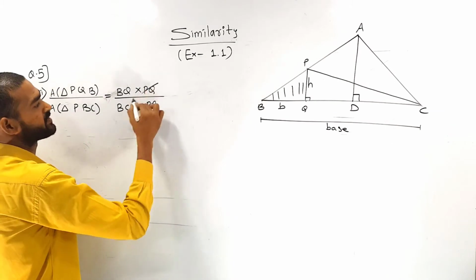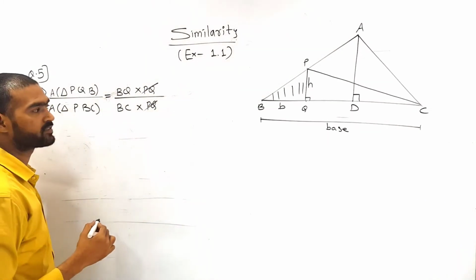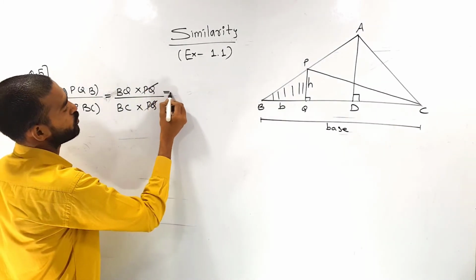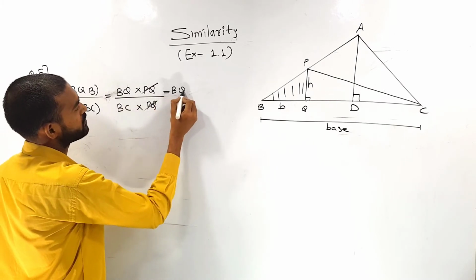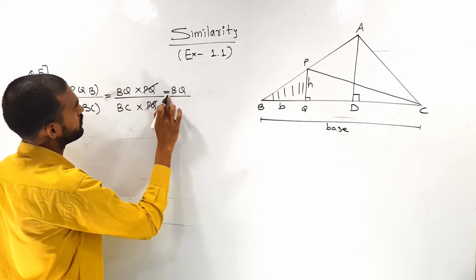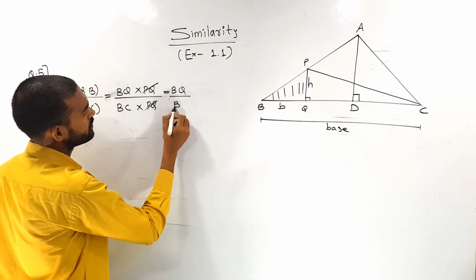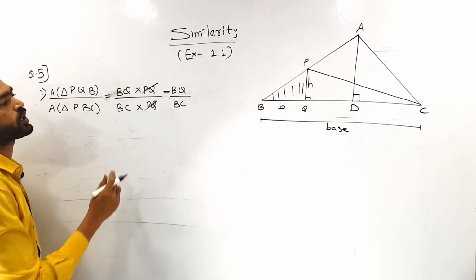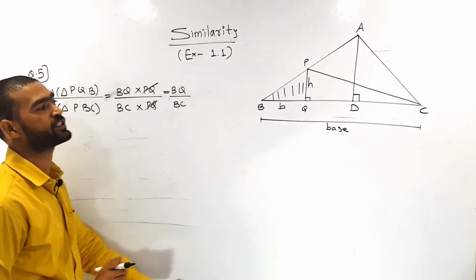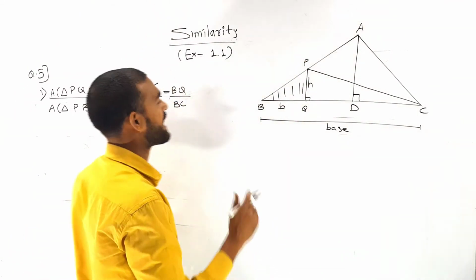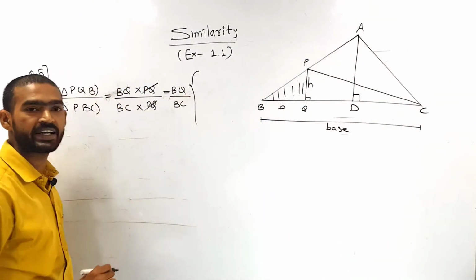Anything cancel? Yes. PQ will get cancelled. So what do we have left? We are left with BQ upon BC. So what was common? PQ was common. What is PQ? PQ is height. So which property is it?